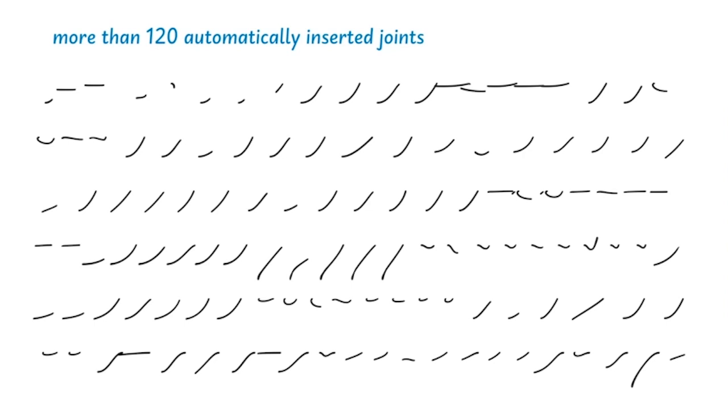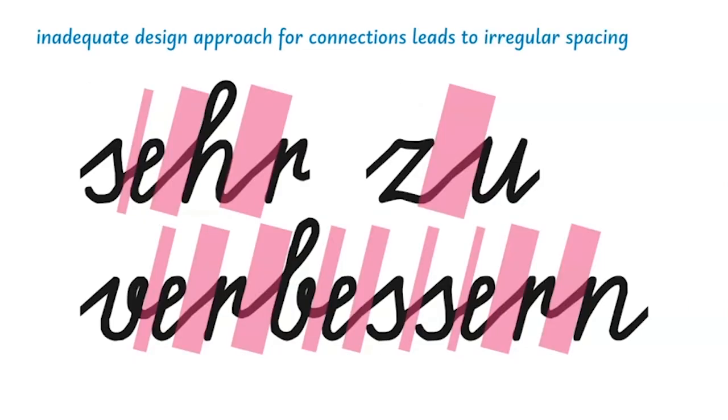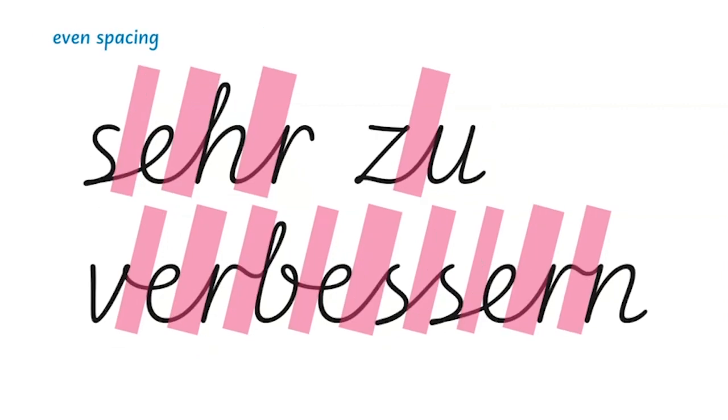And of course, in the future, for additional scripts, additional strokes may have to be conceived. Now, to come back to our starting point, we can see again the excessively irregular spacing between various letter combinations in one of the precursor fonts, and to what degree we were able to improve on it in our design.